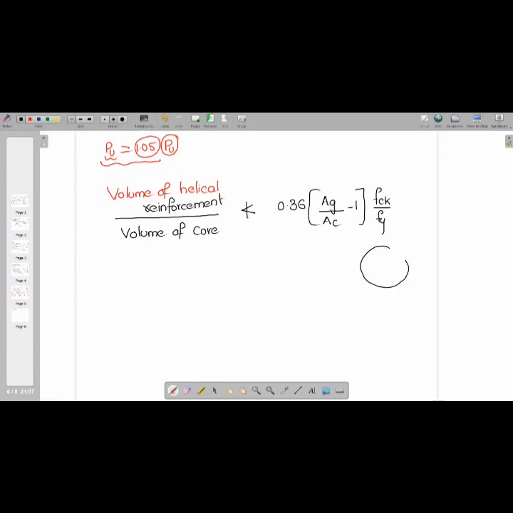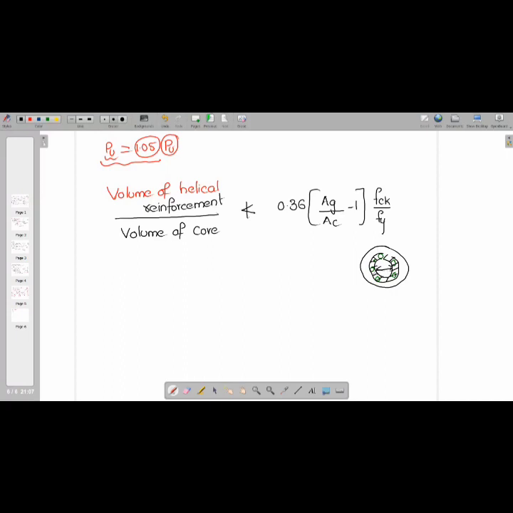Suppose I take a circular column here, and if I consider this as the steel bars, okay. Whatever I have shown in the shaded part is nothing but the helical reinforcement, and this will be the volume of the core. Agree, students?